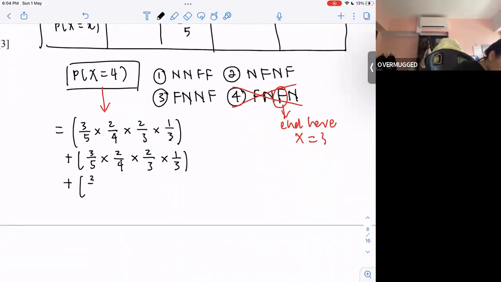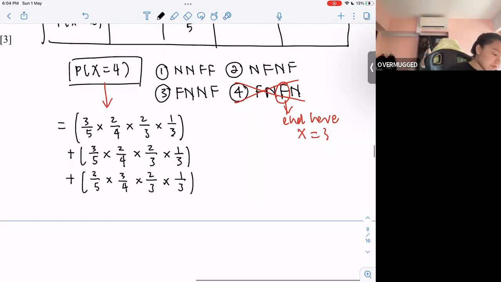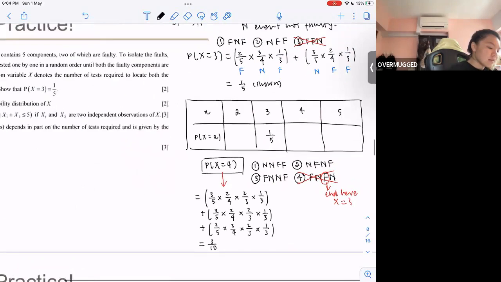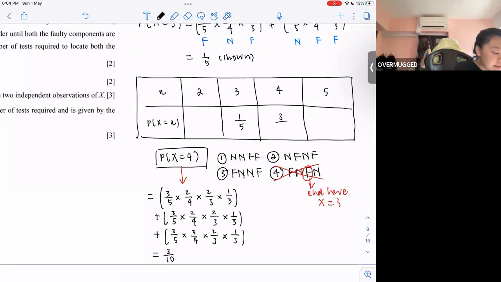So 2 out of 5 times 3 out of 4 times 2 out of 3 times 1 out of 3. So you can go and add all this together, and find that this is, sorry, not 1 out of 3, 3 out of 10. So very systematically, just do it like that.